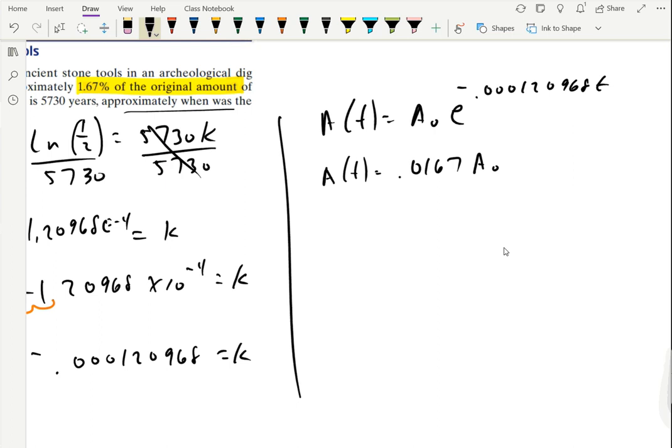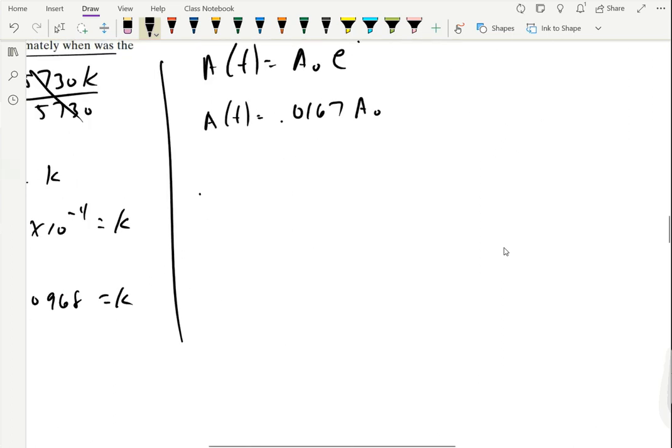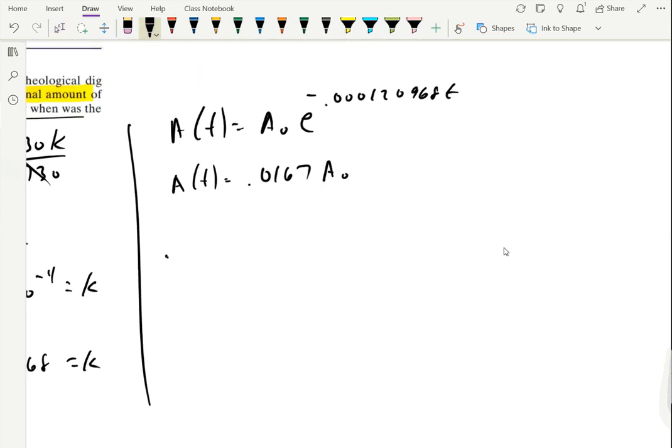So that means then that I could rewrite this as 0.0167 A sub 0 equals A sub 0 e to the negative 0.000120968 T. Again, basic principle, those A sub zeros are going to cancel.